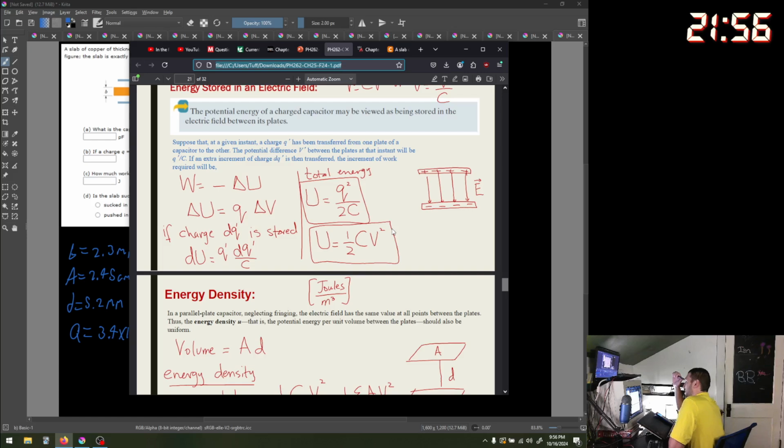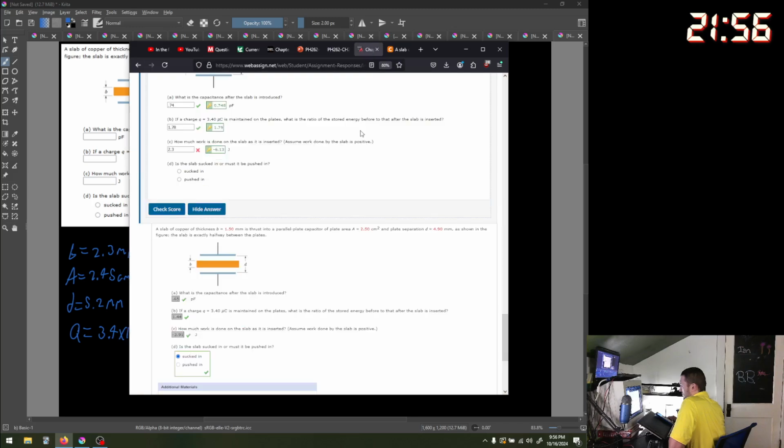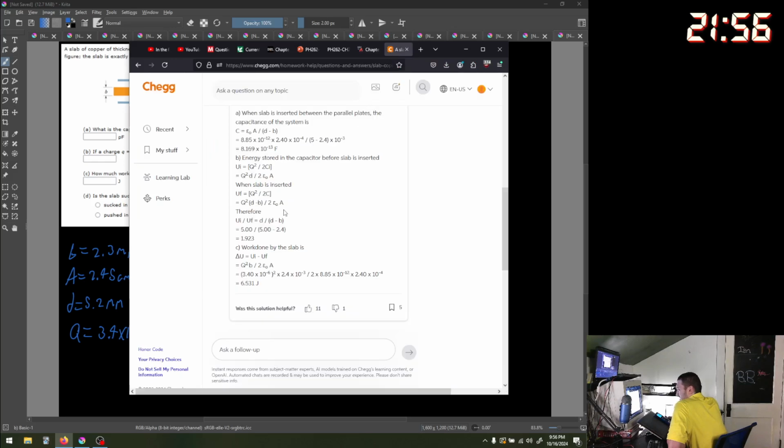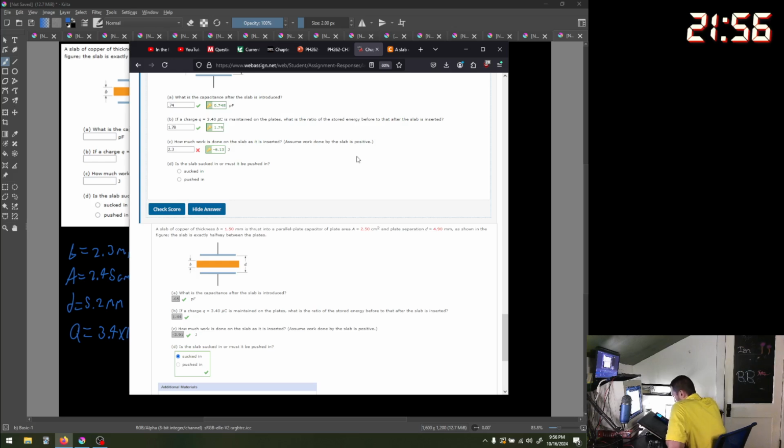U squared over 2C. Epsilon 0A. The area here is 2.45 times 10 to the, I don't know, what is it? Negative third or something?